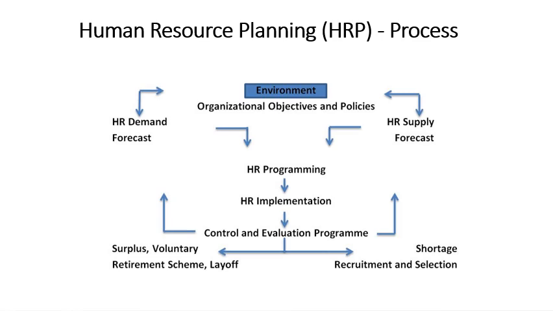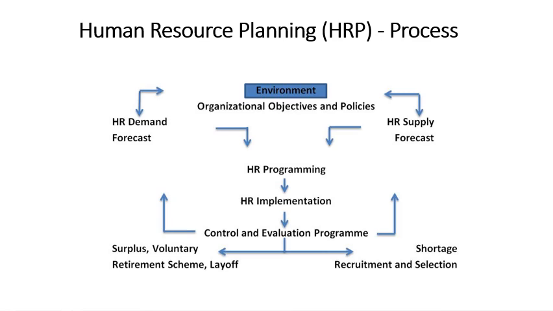Suppose the company implements the recruitment and selection process, then in control and evaluation, what will the company check? The company will check whether they got the number of resumes that they expected from recruitment. If yes, then it's okay. If not, then they have to try another recruitment source.